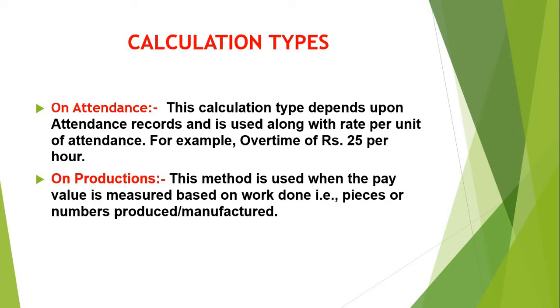Here I am showing the example of 25 rupees per hour. On production, this method is used when the pay value is measured based on work done, that is pieces or numbers or boxes produced or manufactured.